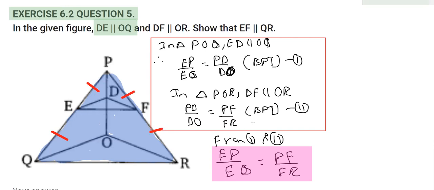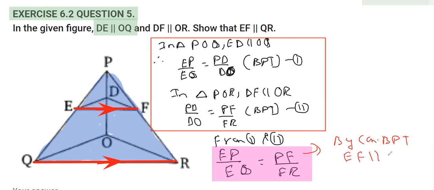So we can use the converse of BPT. The converse of BPT says that if a line divides the other two sides in the same ratio, then this line will be parallel to the third side. So by applying the converse of BPT, we can say that EF is parallel to QR. And that's how it can be proved.